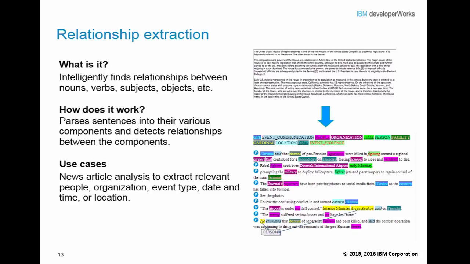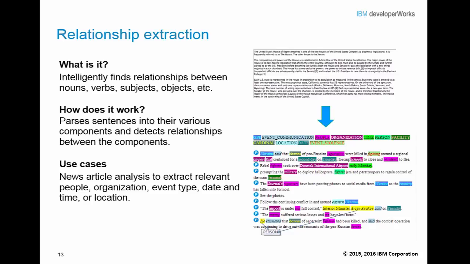Relationship Extraction Service parses sentences into their various components and detects relationships between the components. This service can process new terms like people names in a news feed, which it has never analyzed before through contextual analysis.